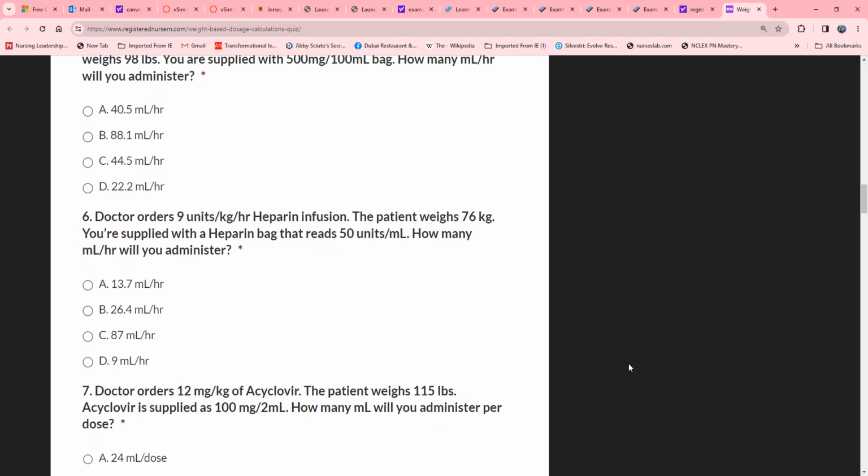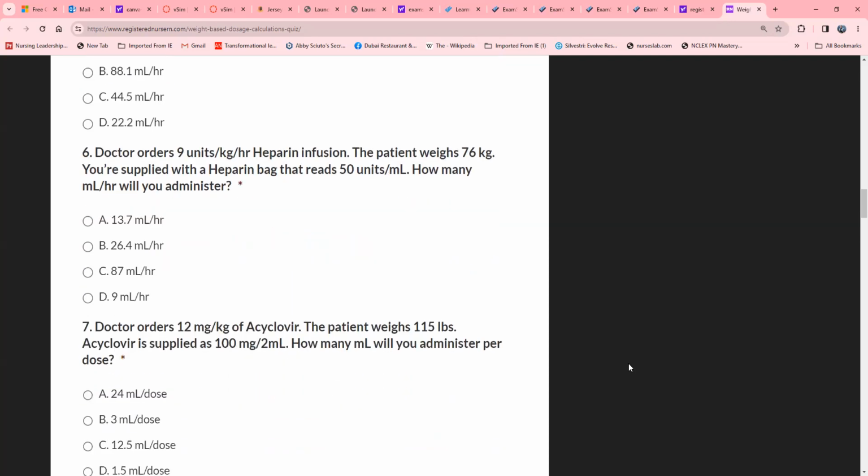All right, let's look at number 6. Again, this is asking us for mLs per hour. So first you have to look at what is your desired dose and what do you have on hand. The only way you can get your desired dose is to take what the doctor ordered times the patient's weight.